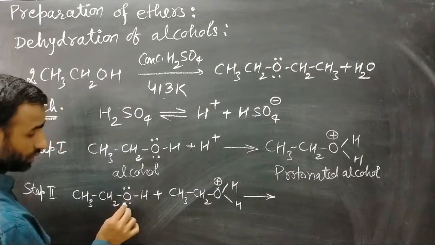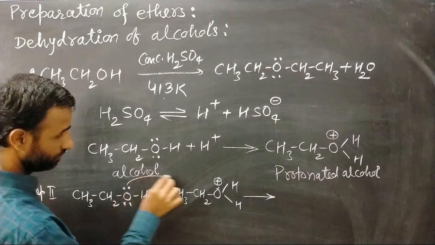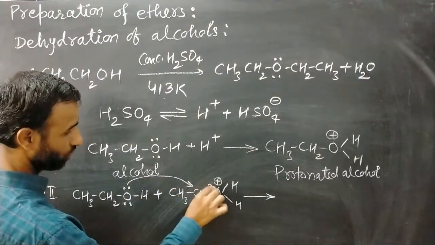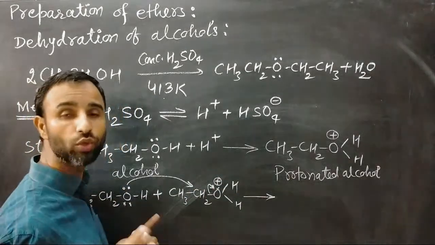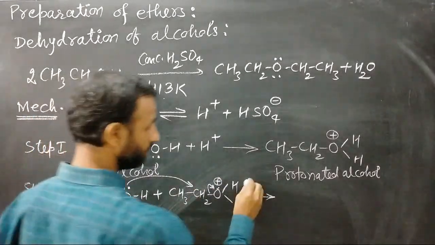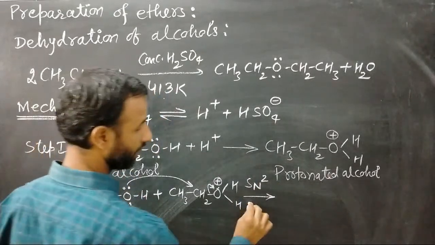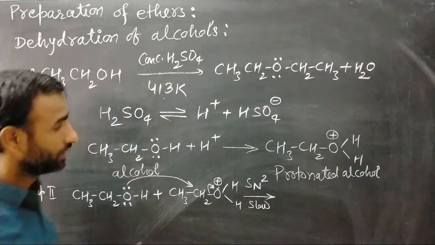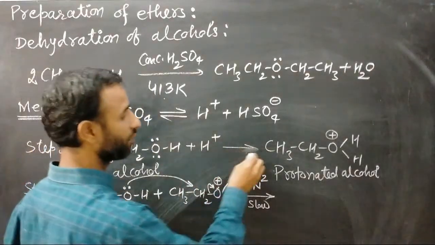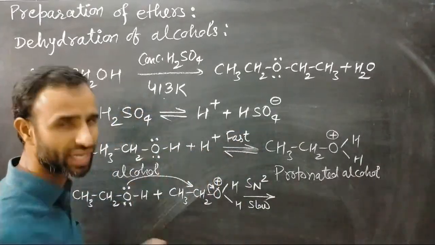Here, this alcohol attacks and water is removed, and this is actually an SN2 type reaction. This is an SN2 type reaction, and this one is the slow step. The first step is obviously a reversible reaction, and it is a fast step because H plus ion will attack.